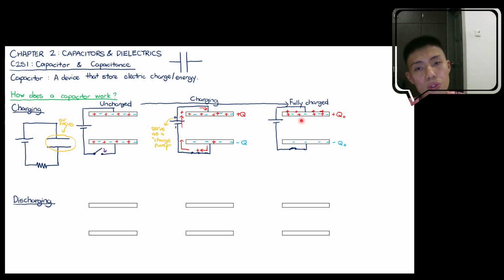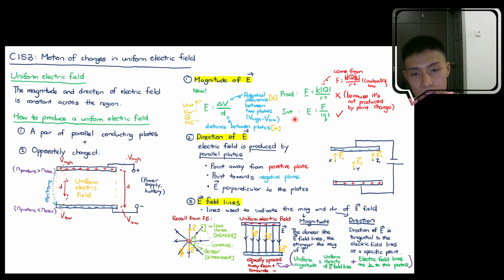If you recall what you learned in chapter 1, if you have a pair of parallel plates that are oppositely charged, one positive and one negative, a uniform electric field forms between the two plates.